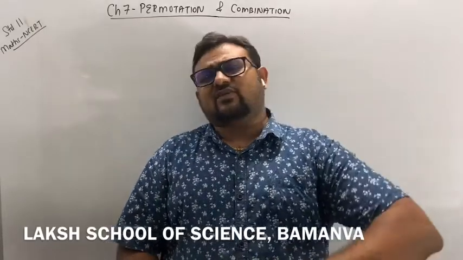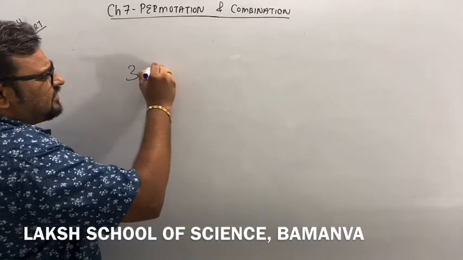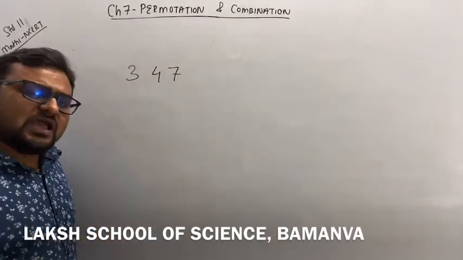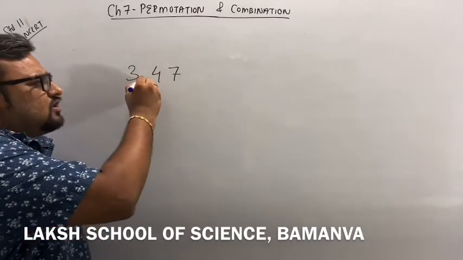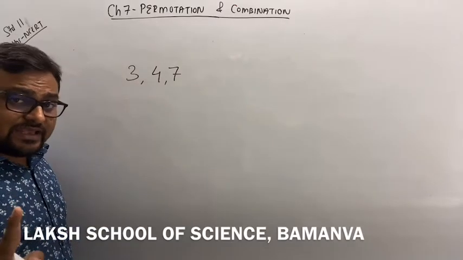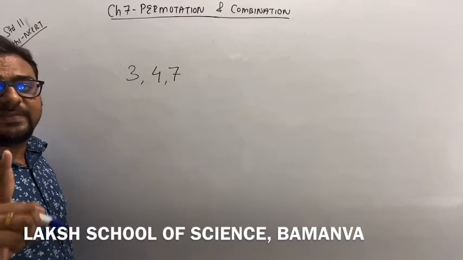Now let's take one example based on numeric means, 3, 4, 7. The question can be: how many three digit numbers can you form using 3, 4 and 7, provided none of the digits can be repeated?